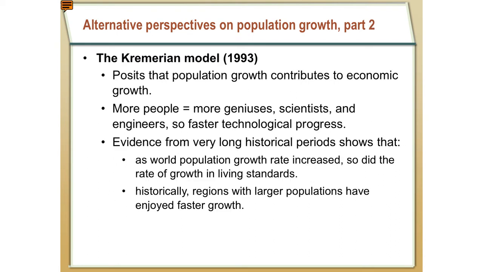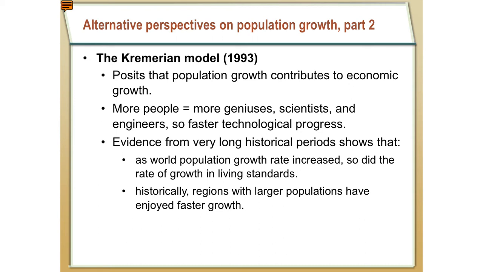At the opposite end of the spectrum is a more modern interpretation of population growth, the Kremerian Model. So the idea here is that population growth actually contributes to economic growth. So more people means more geniuses, scientists, engineers, and so these sorts of people are going to be key in driving technological change and driving us forward.